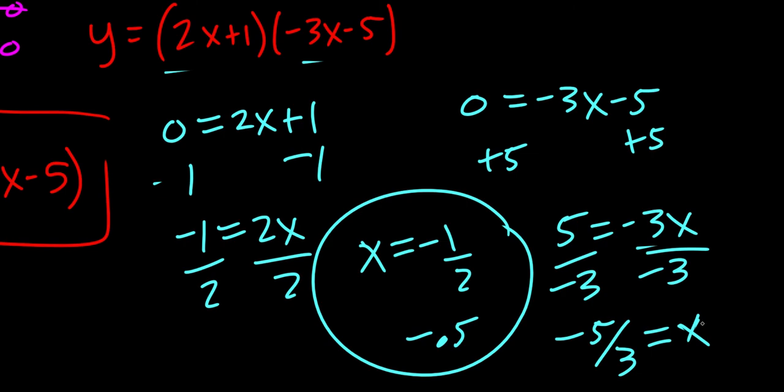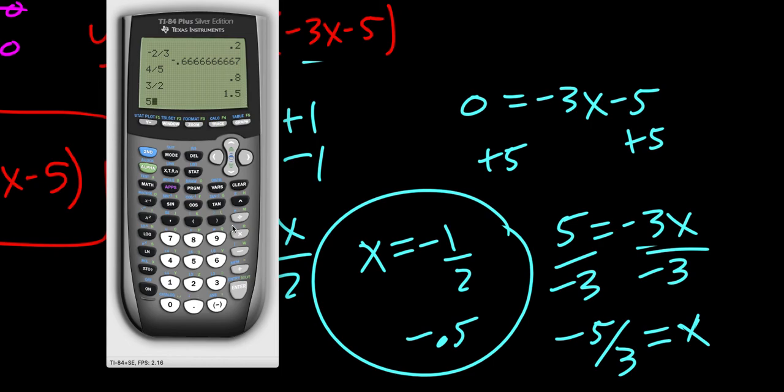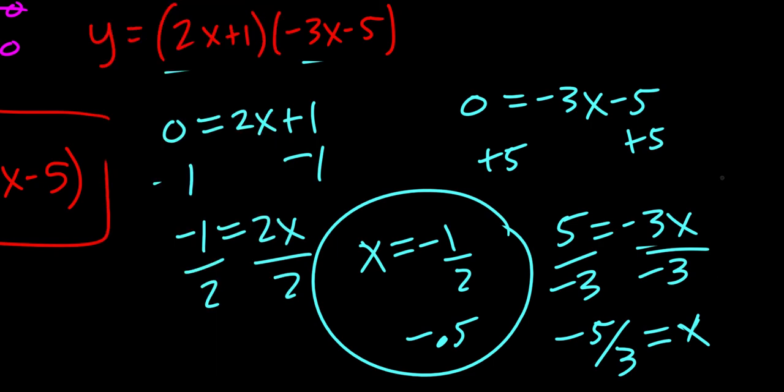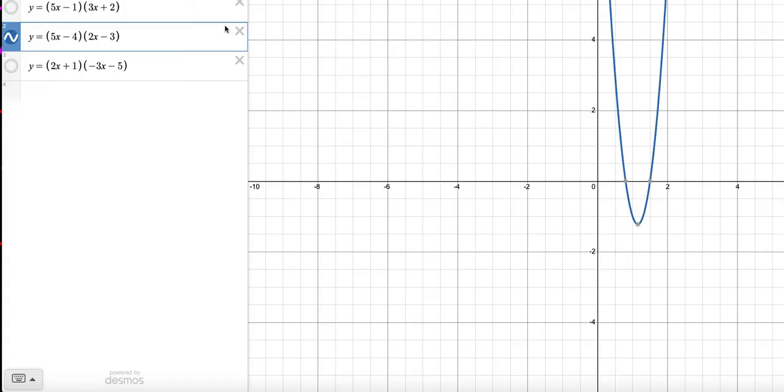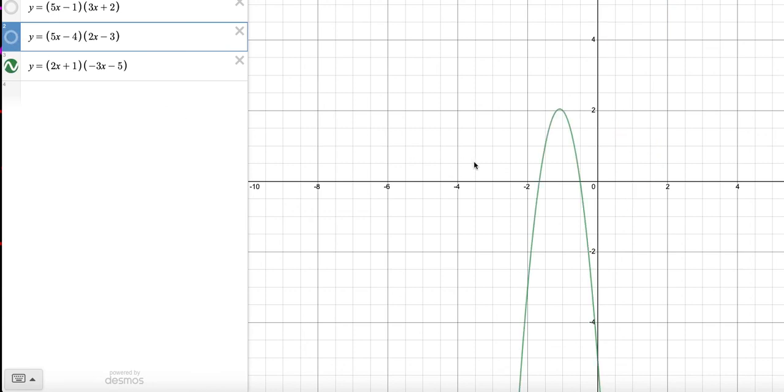Negative 5/3 is negative 1.67. So we should have negative 0.5 and negative 1.67. When we look at this one, negative 1.67 and negative 0.5.